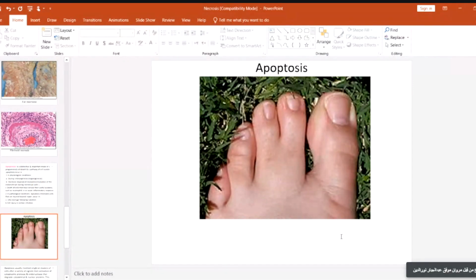By doing this job, it helps the body prevent such a cell from surviving. Otherwise, if this cell which contains the abnormal DNA survives, it will change into malignant. And so apoptosis is important for the cell, for the body, for the tissue. Okay, this is the message.